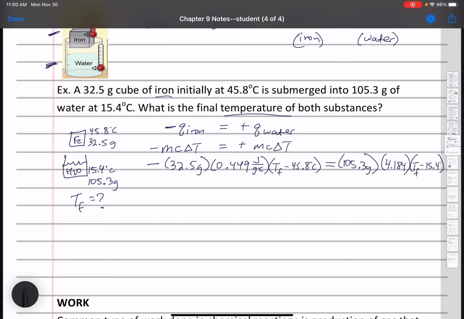So now I just need to do some algebra. Let's see, I'm going to simplify. I'm going to multiply these.